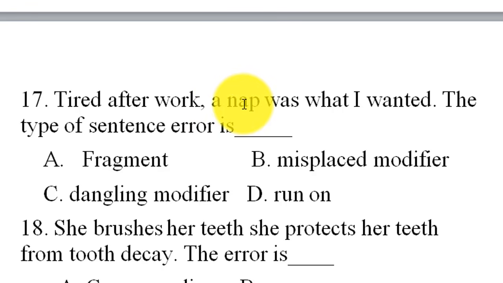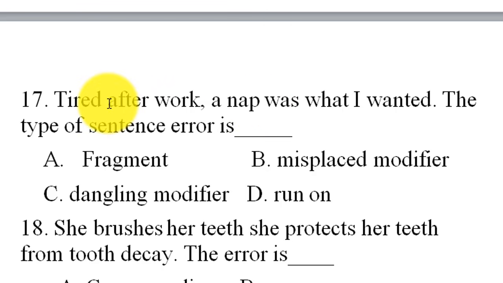That kind of error is a dangling modifier. Let me repeat: this is the dangling phrase here, tired after work. No subject here, and a nap was what I wanted, different subjects here. So this kind of sentence is dangling. The speaker here is I, but it is written as a past passive, so that's wrong.